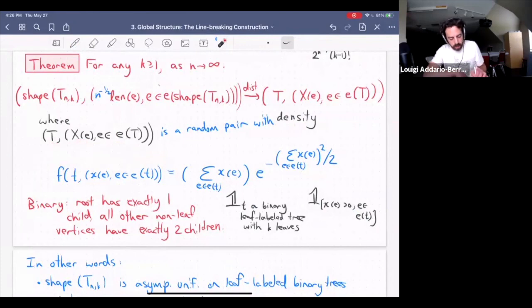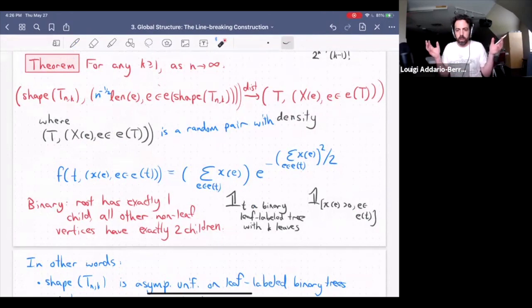But the theorem tells us that we're always going to be looking at trees that have exactly 2k minus 1 edges, and the leaf labels mean we can just fix some particular rule for ordering those edges as first edge, second edge, and so on.